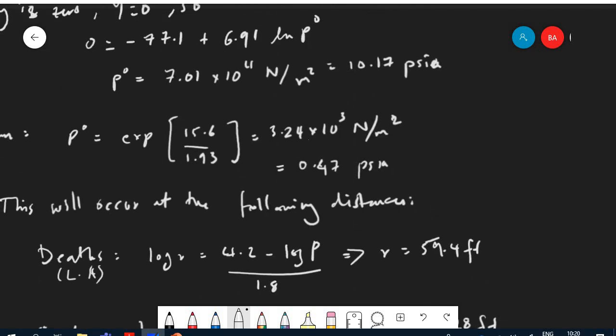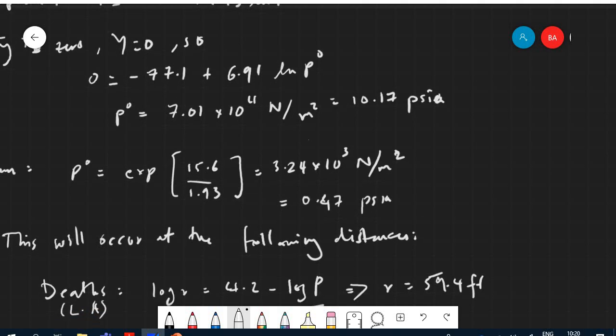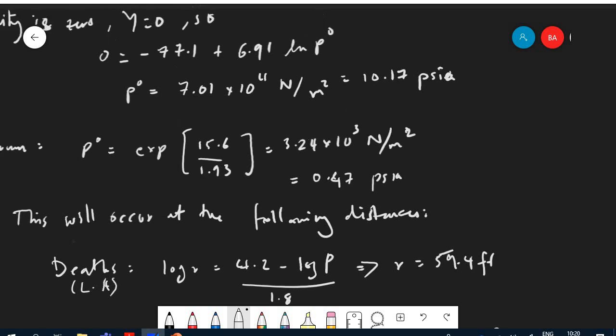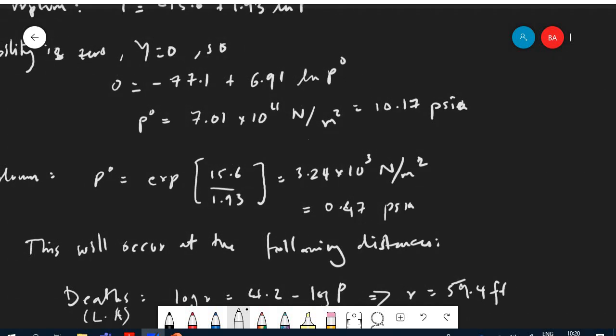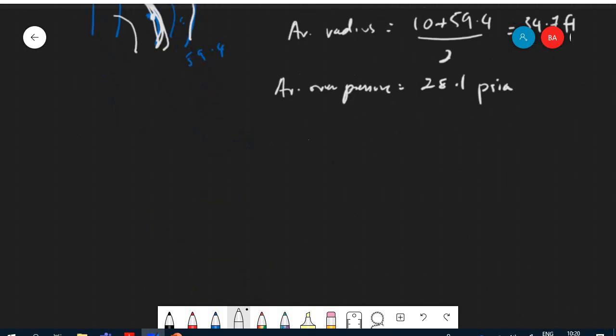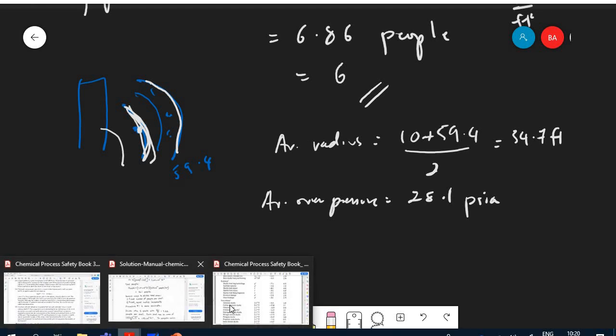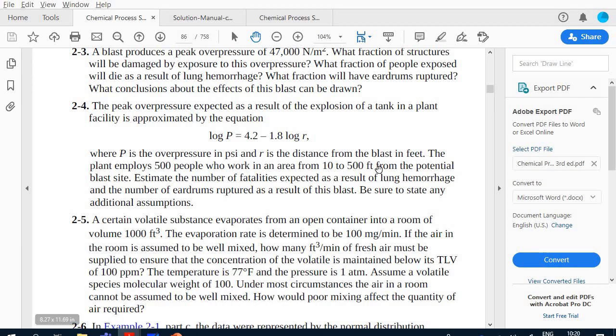It was like 10.17, yes, it was 10.17. And something in between, yes, it was the 10.17 that was from the death, 10.17 for the death. And actually, what was the area? Let me see that. Sorry. So the question said that, yeah, that was the overpressure.